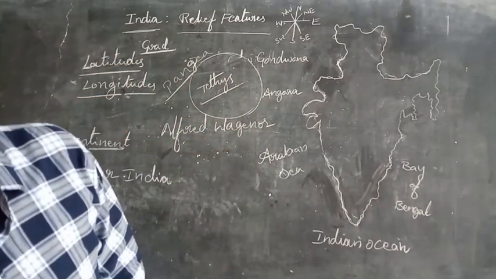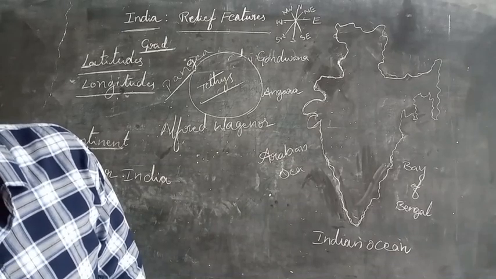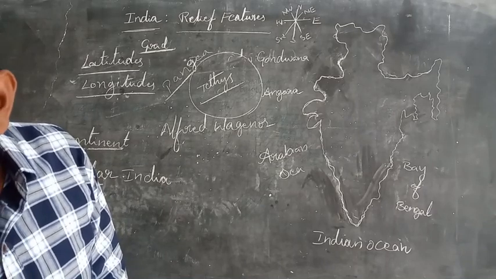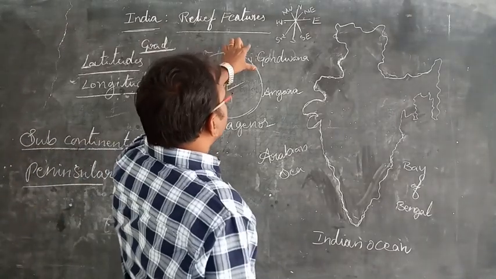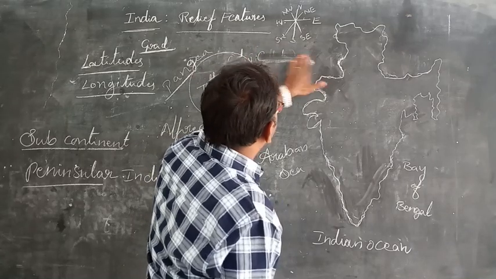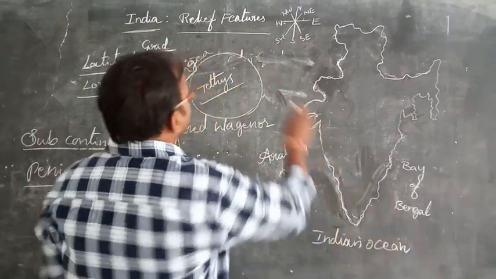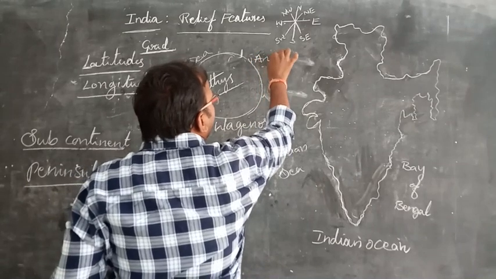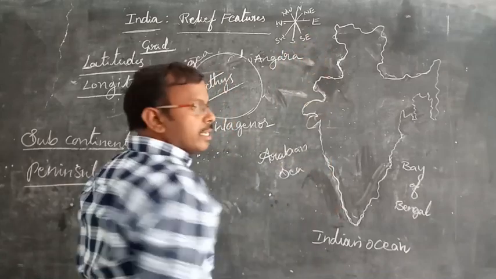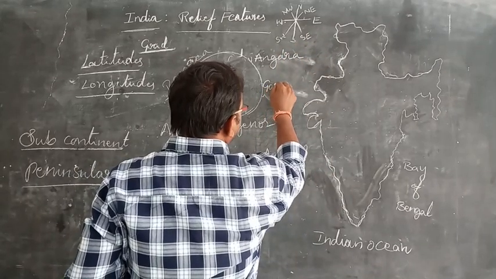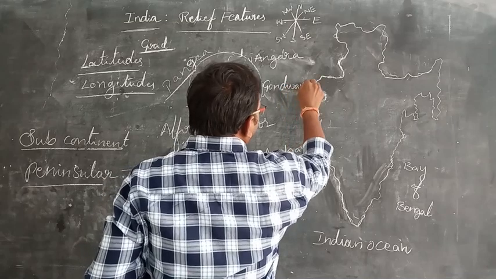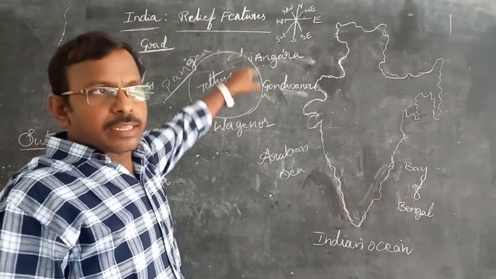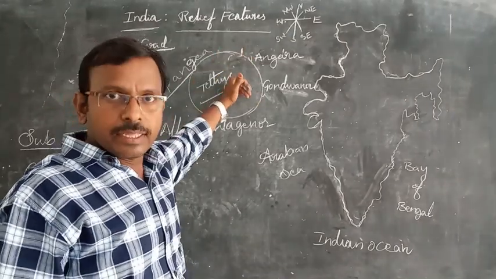Okay, so here, a small mistake. This is Angara land, and this is Gondwana land. Like that, it was divided.